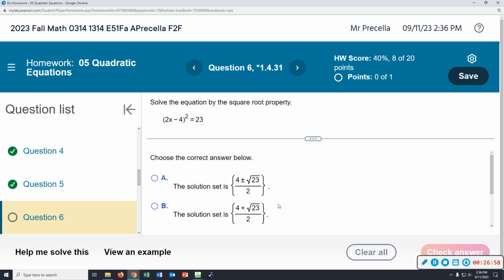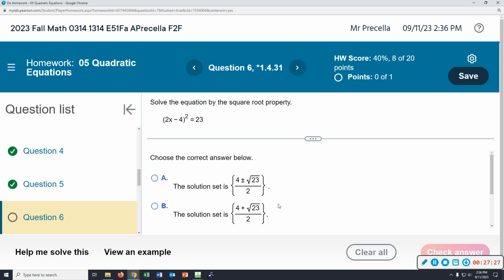Okay, this is problem number 6. 2x minus 4, all squared, equals 23. 2x minus 4 all squared equals 23.